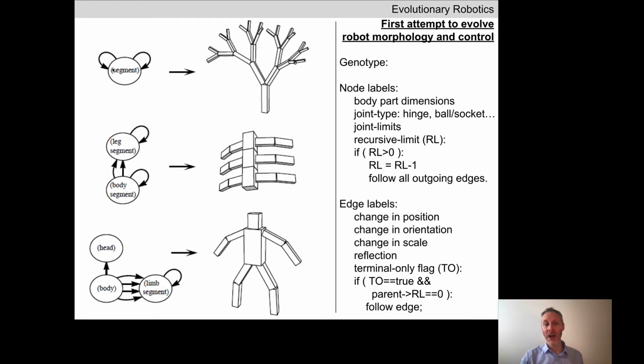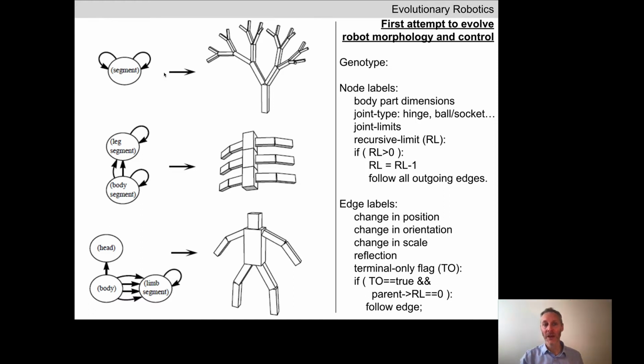When we arrive at a new node, or if we follow a self node like you see here and arrive back at the node we just left, whatever information is inside this new node, the XYZ, yaw, pitch, and roll, and length, width, and height in here, we use those deltas to alter those numbers.